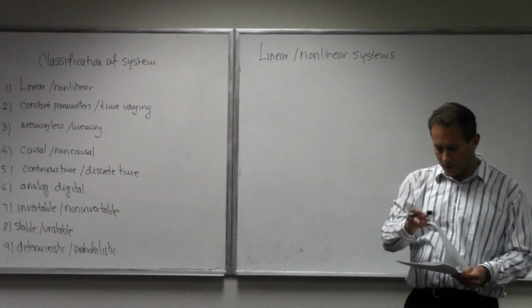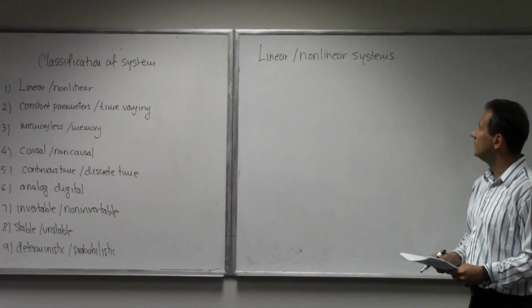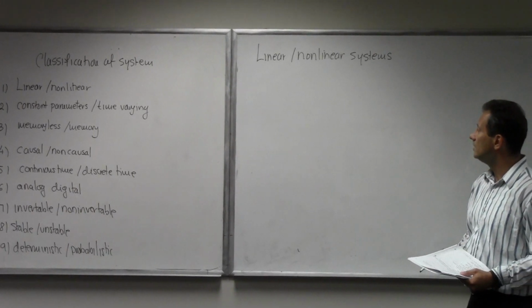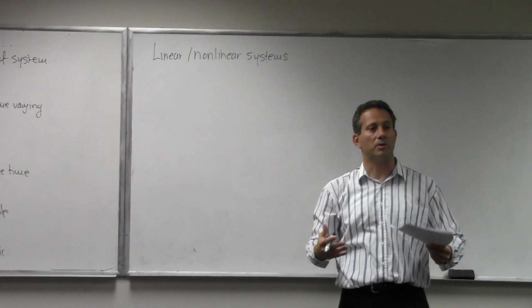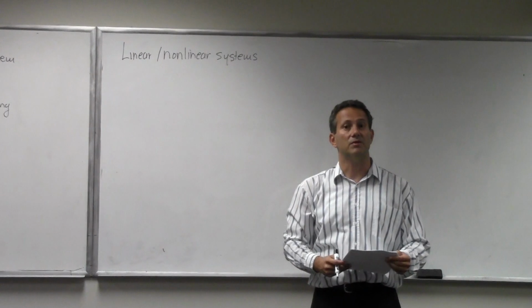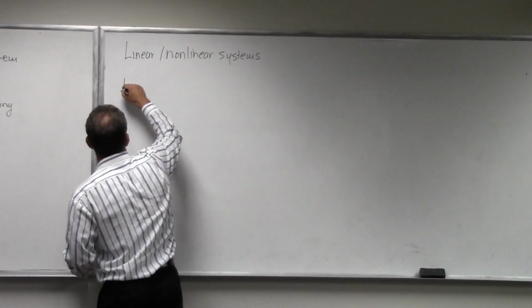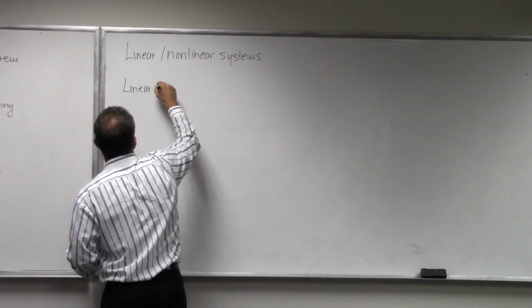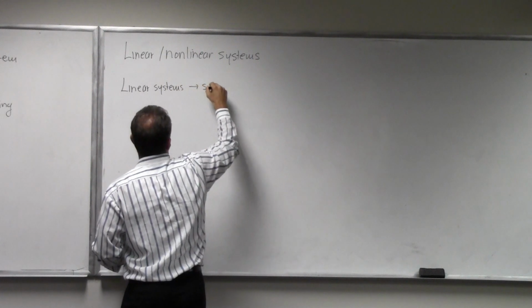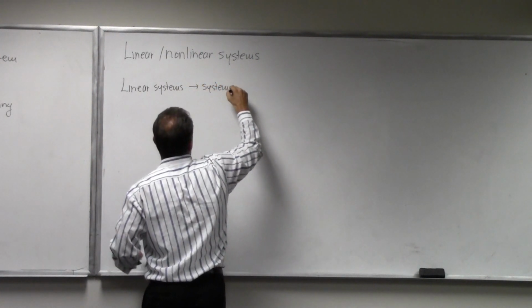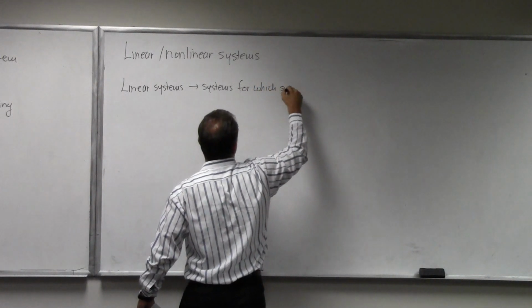Since we haven't really talked about differential equations, one of the easiest ways of defining whether the system is linear or nonlinear is to say that linear systems are the ones for which superposition holds. That's equivalent to being a linear system.